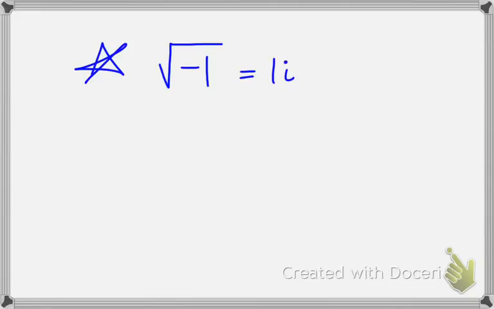And we use that i, and I just put a tail on it to italicize it. That i represents an imaginary number. It looks like a reverse J. If I had the square root of -4, well, what's the square root of 4? 2. But since it's a negative, I'm going to say that it is 2i.